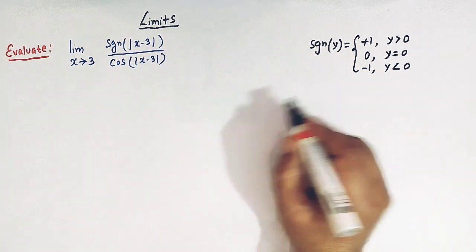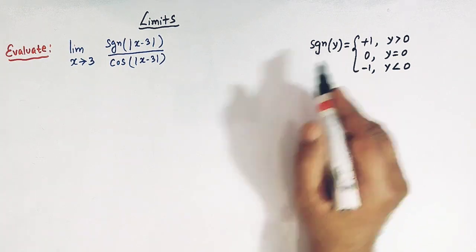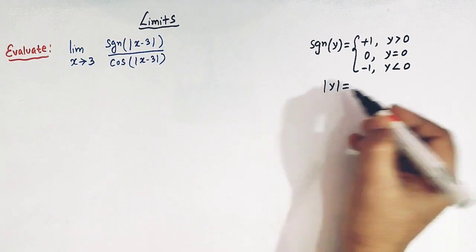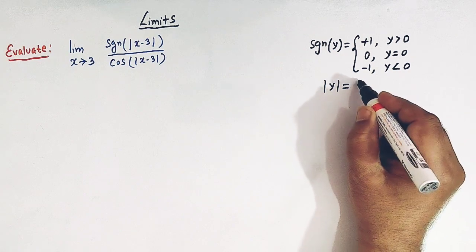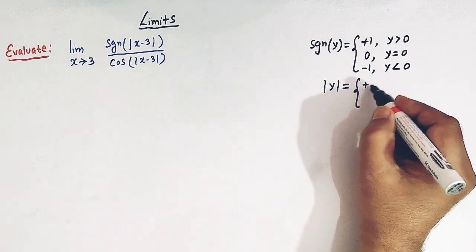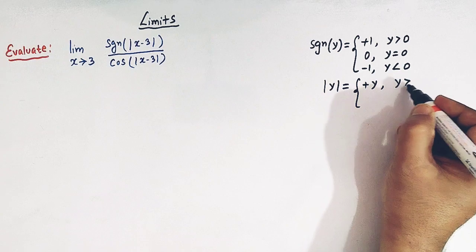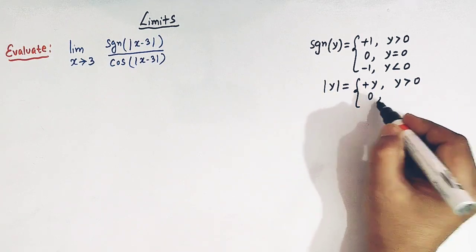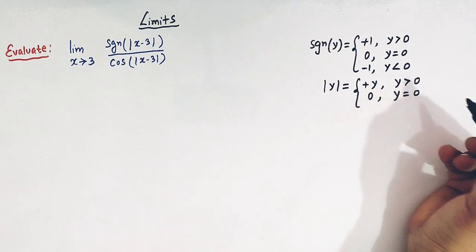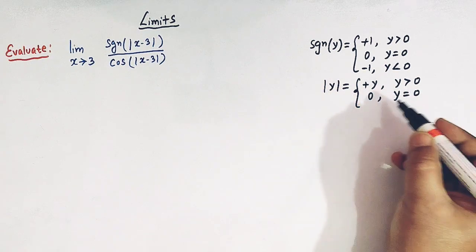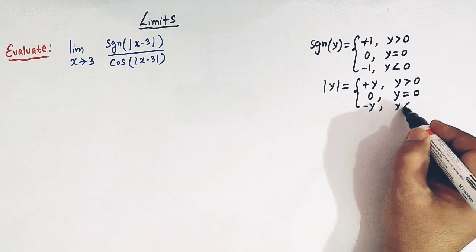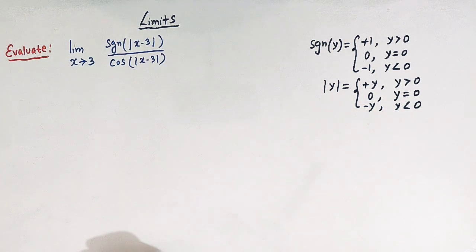Now the absolute value function is defined like this: absolute value of y is positive y whenever y is greater than 0, absolute value of y is equal to 0 when y is equal to 0, and mod of y is equal to negative y whenever y is less than 0, right?